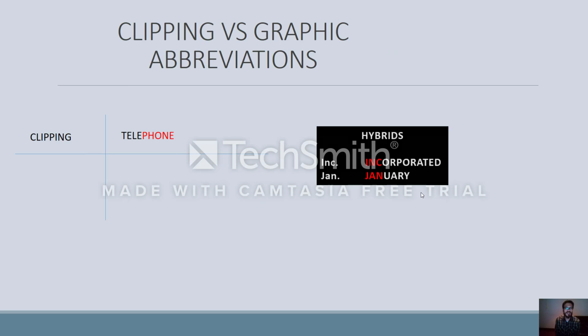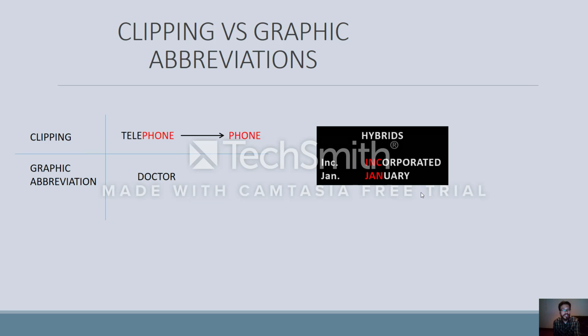Now let's see clipping in graphic abbreviations. If we clip the word telephone, we will get phone. But we have to know that graphic abbreviations are a sequence of letters which, when converted to speech, are pronounced as the source words they abbreviate.